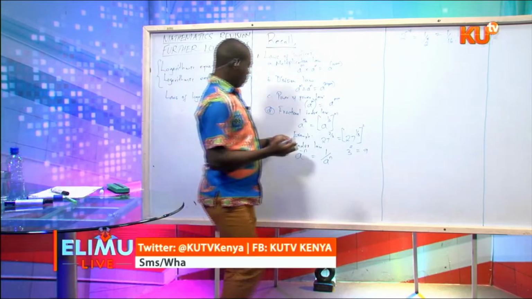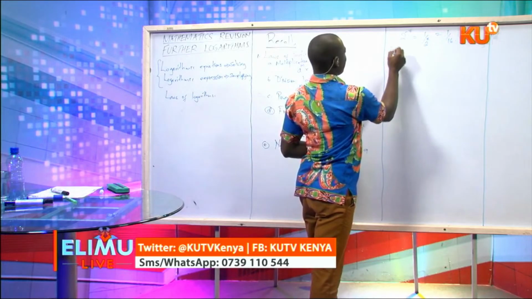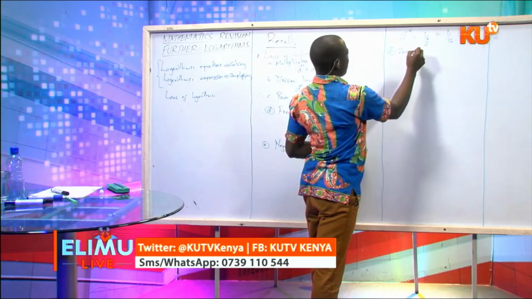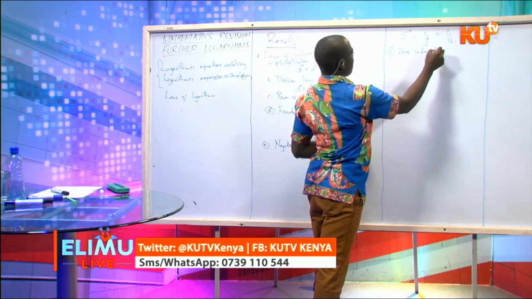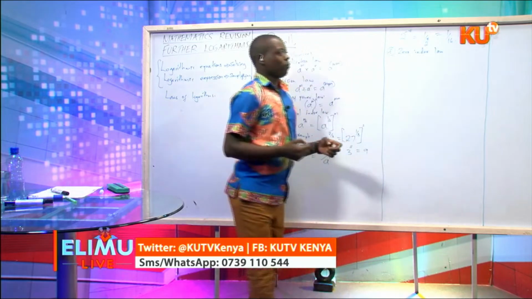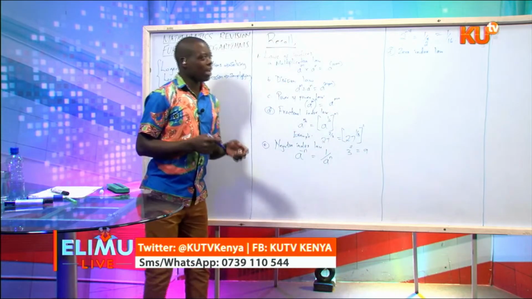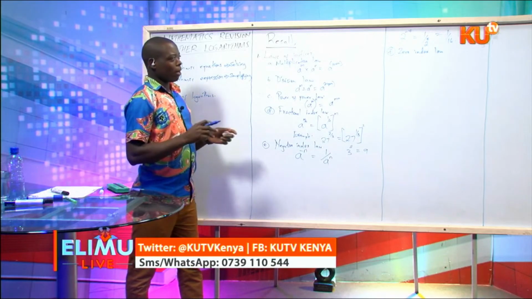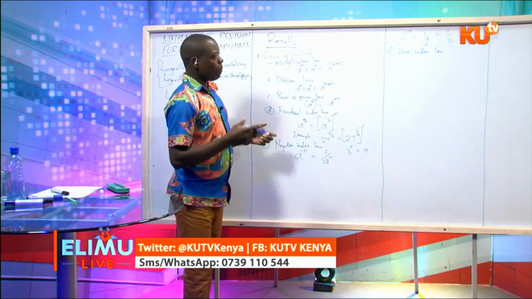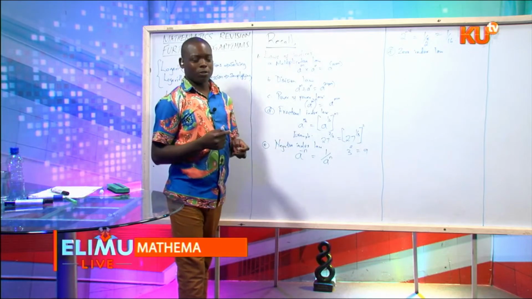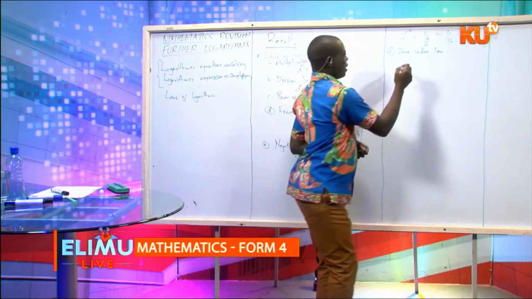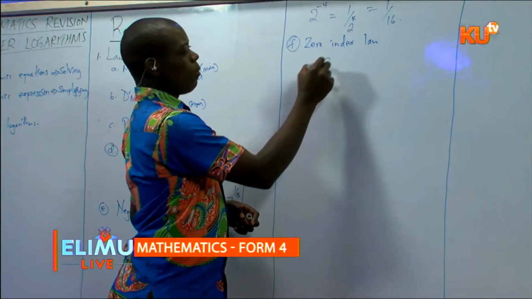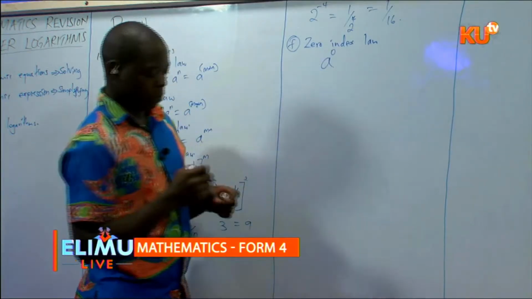And finally, a principle, number 6, what we call the zero index law. You should be knowing at this point that any number times 0 is 0. Any number, irrespective of how much it is, multiplied by 0 gives you 0. And so in the zero index law, we have a number now raised to 0.